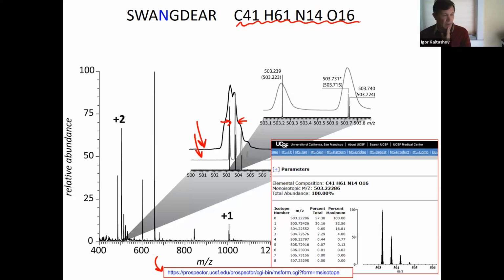I highly recommend it. And so here, if you look at the isotopic distribution that is calculated for you based on the amino acid sequence, you see that we definitely have a deviation, a very significant deviation from what we see. Instead of the monotonic decrease in the abundance, we see definitely non-monotonic dependence, right?